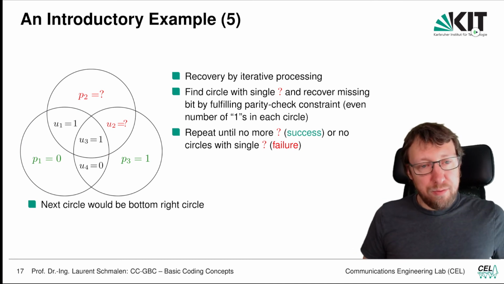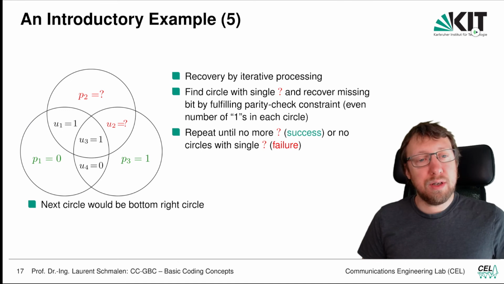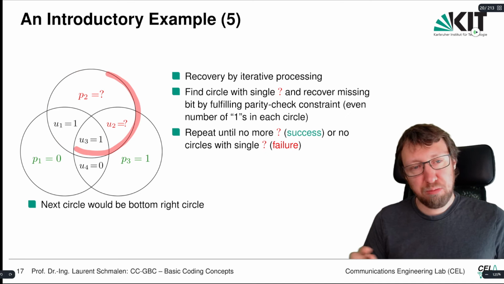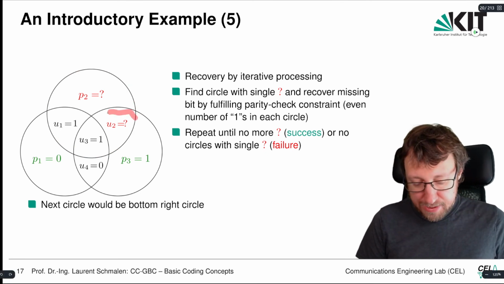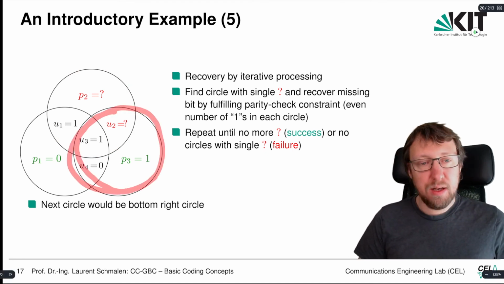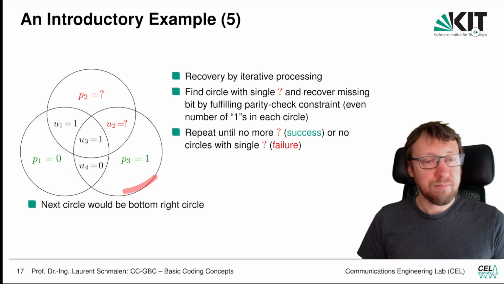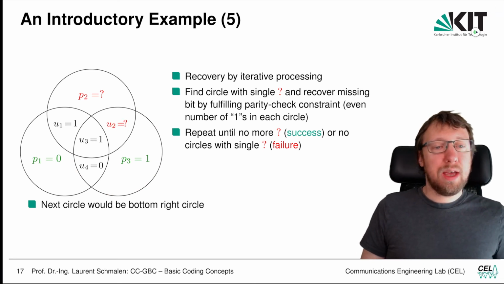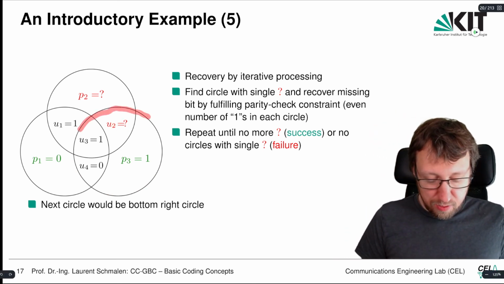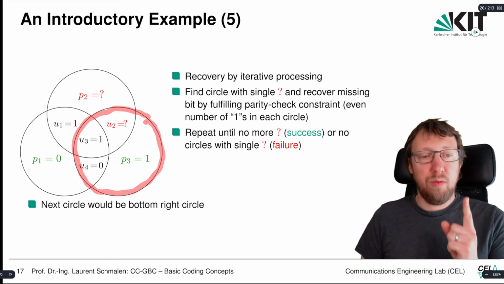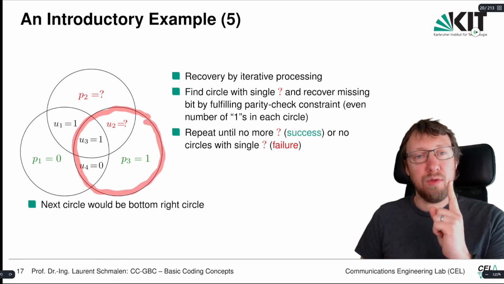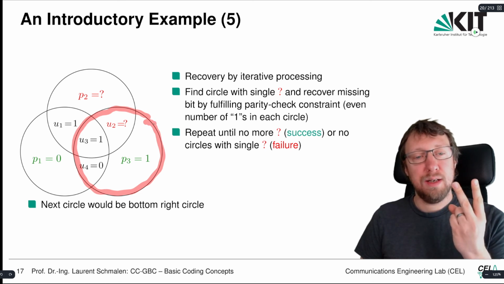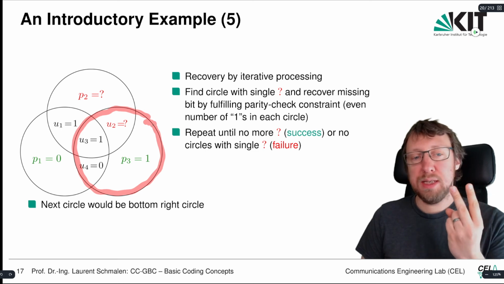So we have U3 is equal to 1, and now we're looking for a circle with a single question mark. This circle has 2 question marks, we cannot use it. This circle has a single question mark, so we will use it. Looking at this circle, we have U3 is equal to 1, U4 is equal to 0, P3 is equal to 1, so we have two 1s, so U2 can only be 0.